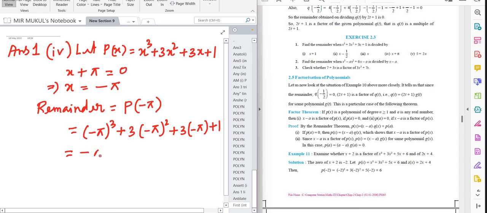So here minus pi cube, or minus plus 3 pi square minus 3 pi plus 1.